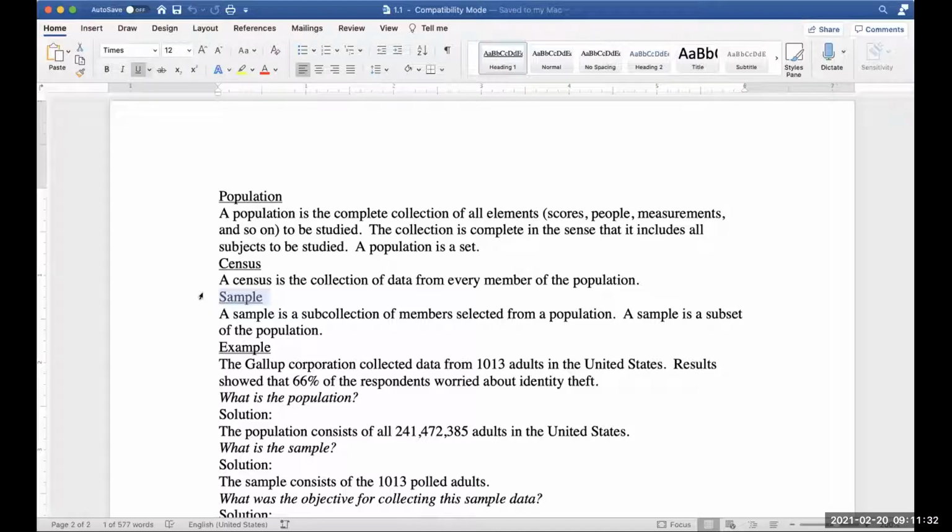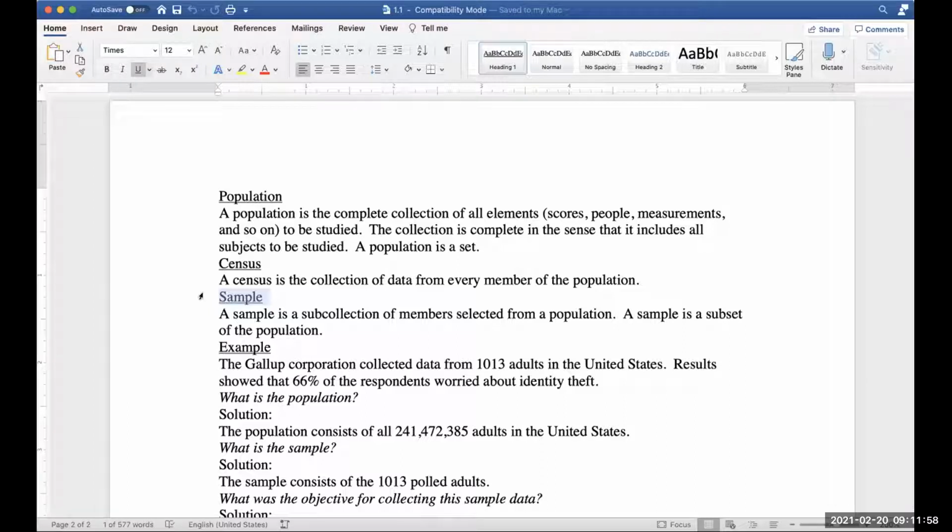Also, usually a census could actually be less accurate than a sample. So say you want to do a census in the United States, you want to figure out how many people are alive at 12 midnight on December 31st, 2020.